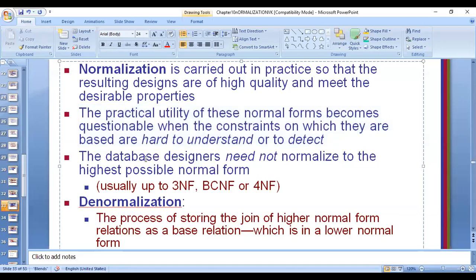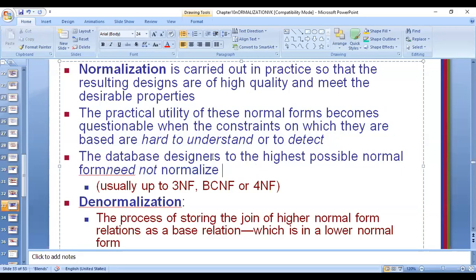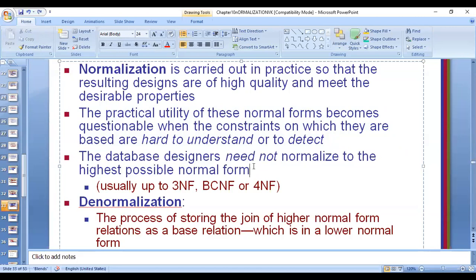The database designers need not normalize to the highest possible normal form. Biologically, our bodies cannot be free from viruses; some kind of virus will always be there in our body.